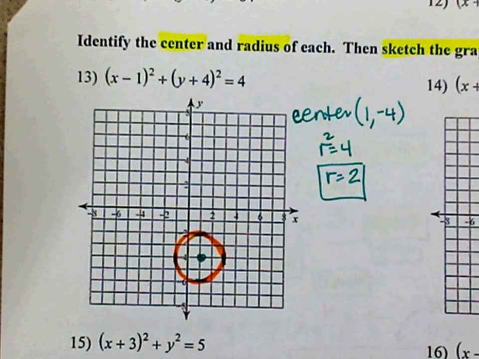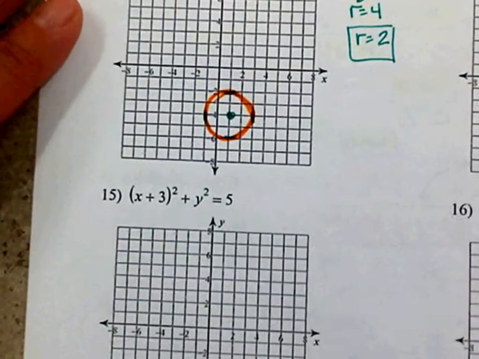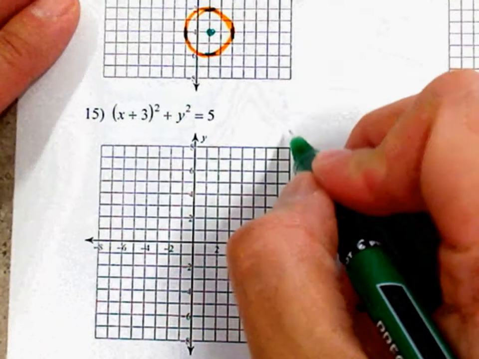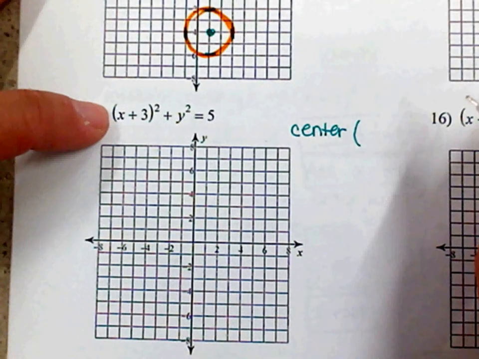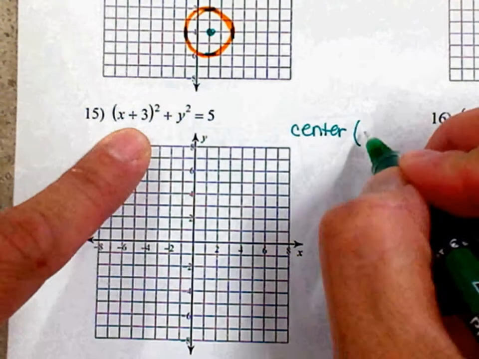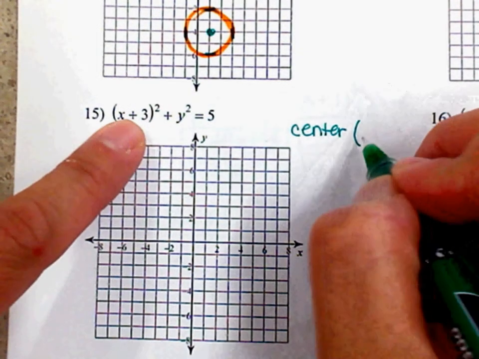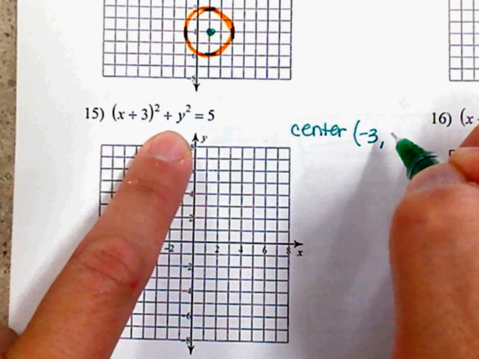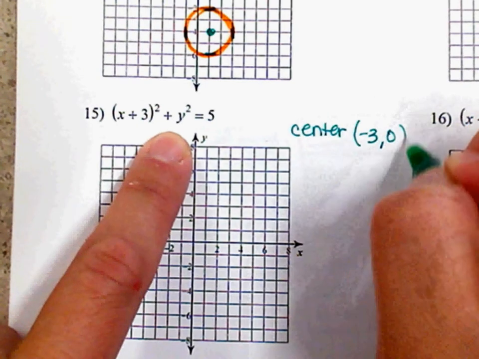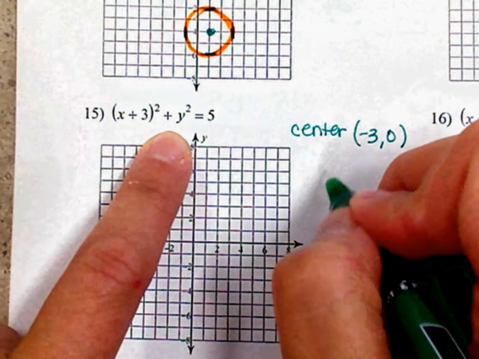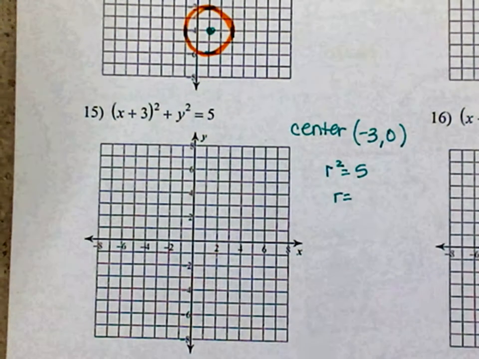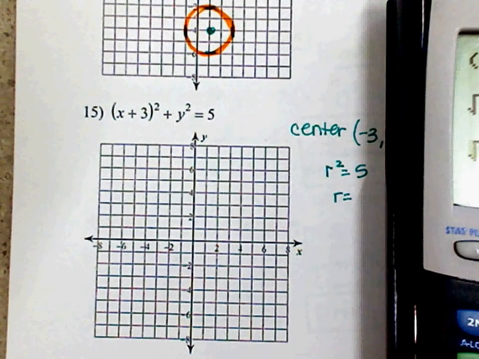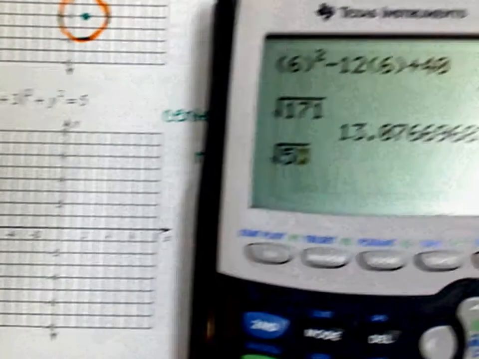All right, let's go to number 15. Kobe, what's my center? Opposite of positive 3, -3. You see how there's no k? So that number is 0. Very good. And r squared is equal to 5, so what is your radius? Square root of 5 is what number? 2.2.